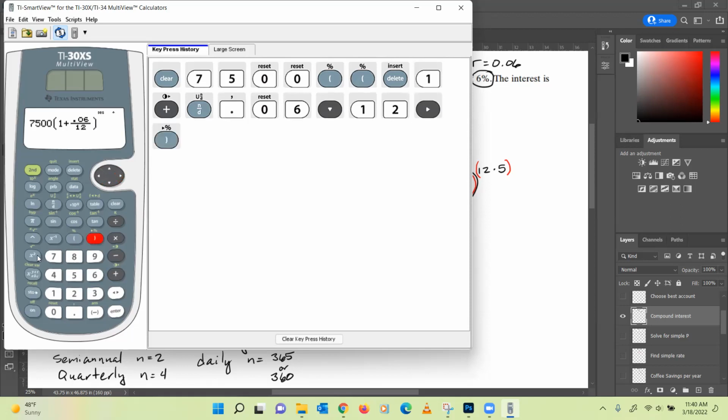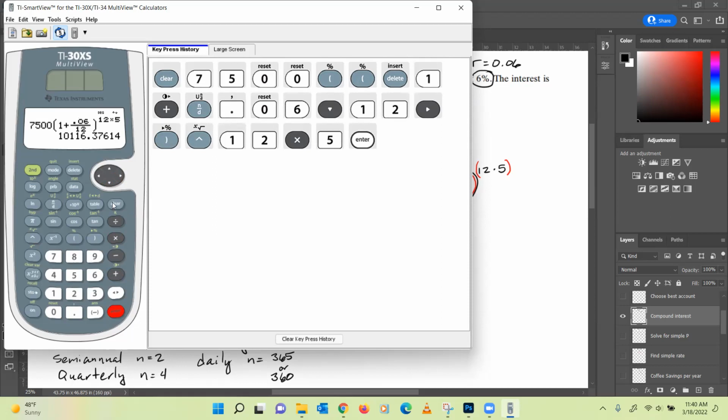I'll close that parenthesis, and I will raise it to the 12 times 5 power. And then I can hit enter, and you can see that it looks exactly like it did on the screen, and so PEMDAS worked just fine.